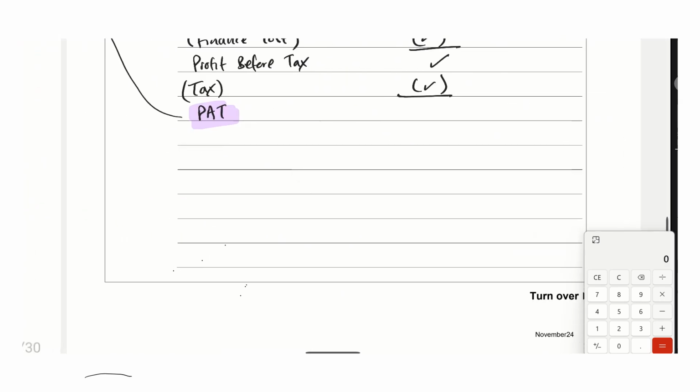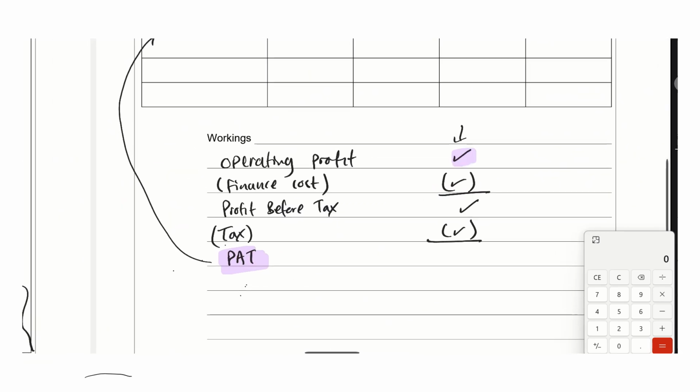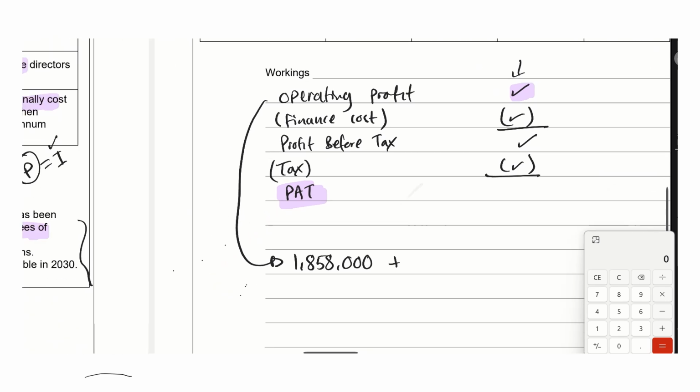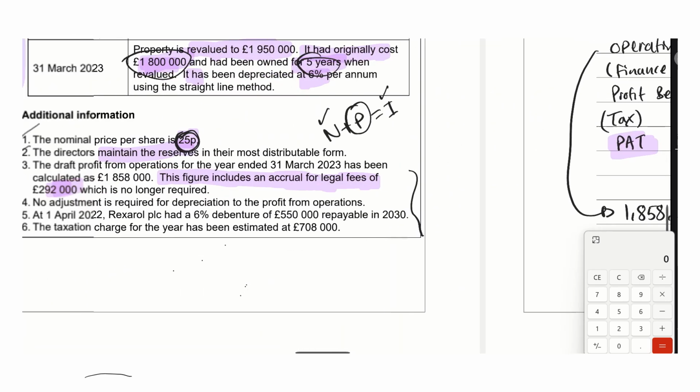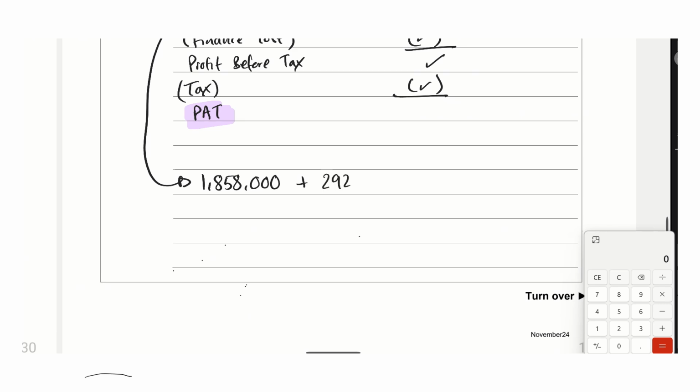And so we can't just put this 1,858 here, okay? Because that is not the correct operating profit, because we need to adjust it according to the information. So let's adjust the operating profit first. Adjust it here. So we're going to start with 1,858,000, and we are going to add back the 292,000, that expense that we no longer need.